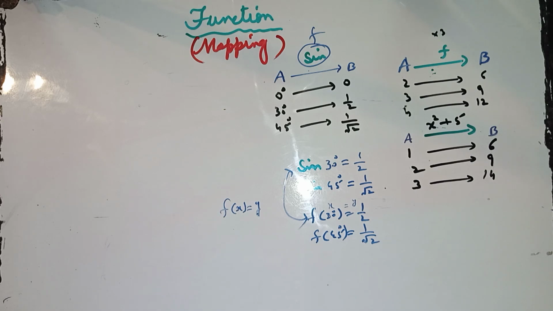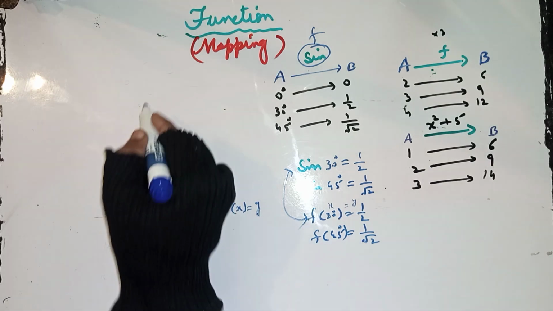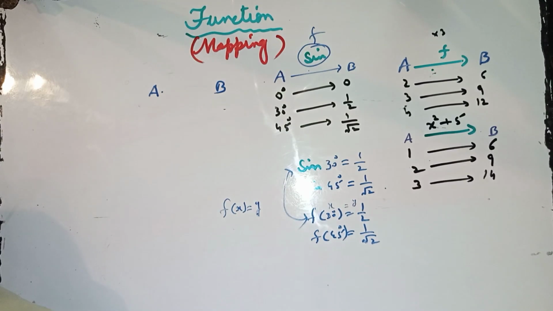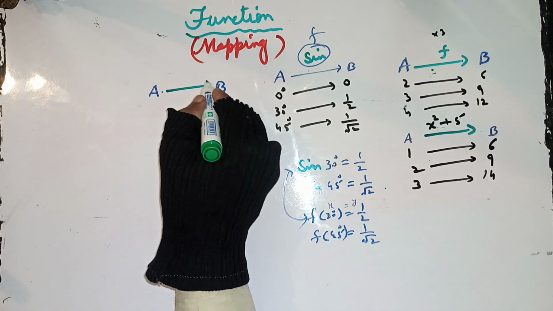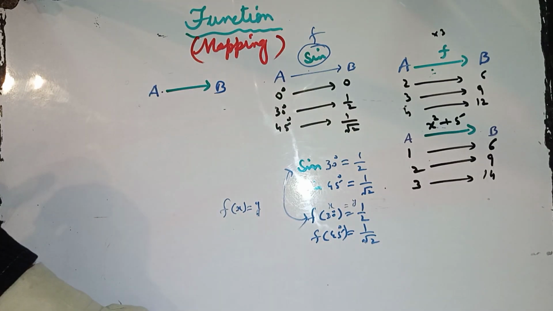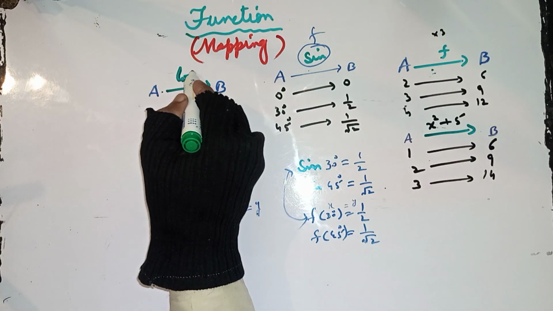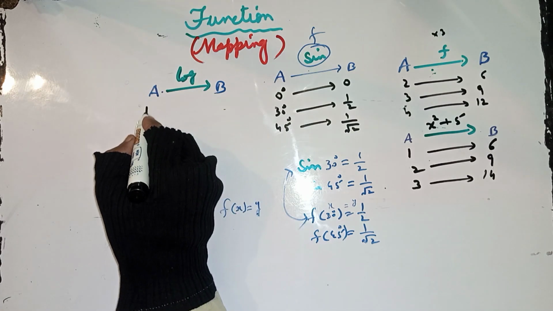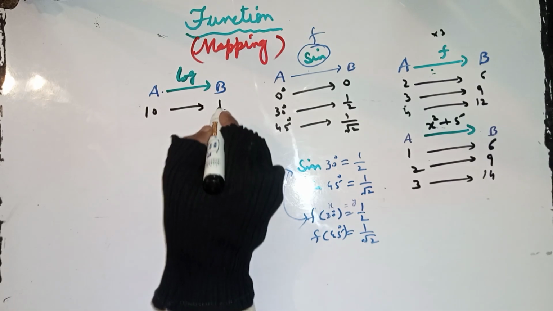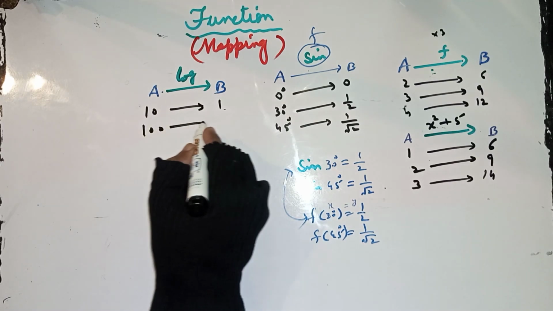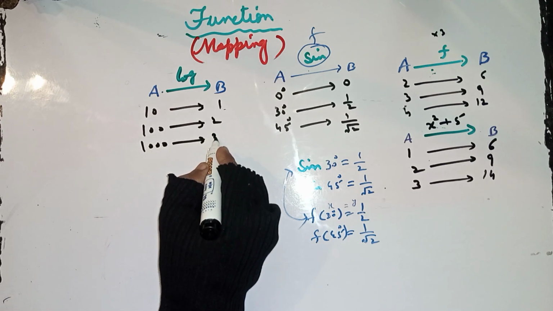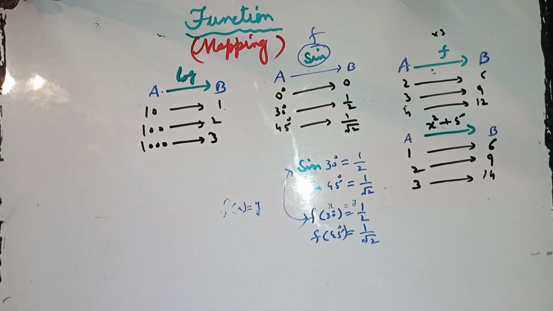For more clear understanding, I give you another example. I have A tends to B, the operation is log here. You know that log 10 is 1, log 100 is 2, log 1000 is 3.